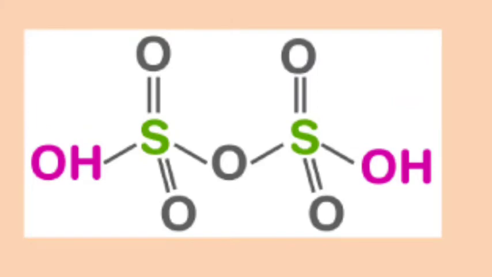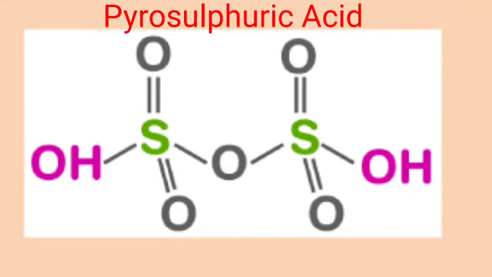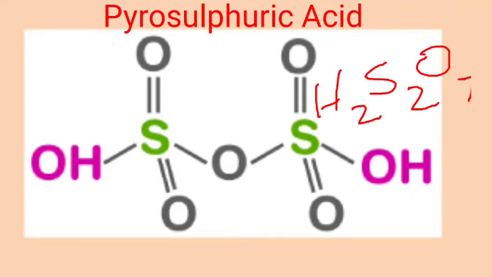The next important oxo acid of sulfur is pyrosulfuric acid. Formula H2S2O7. This is just like two sulfuric acid units united together through an oxygen atom.